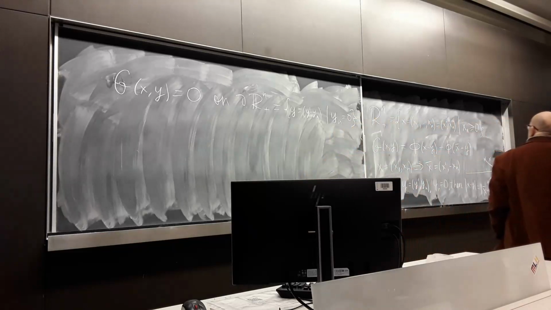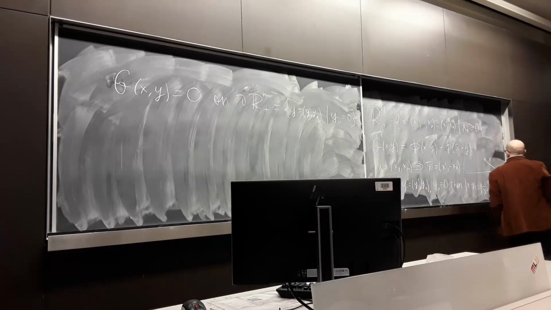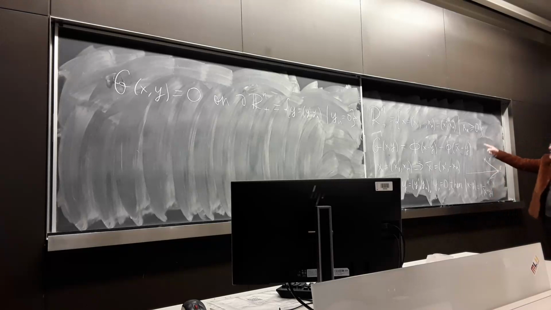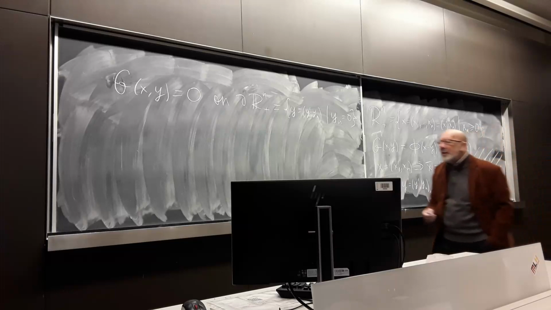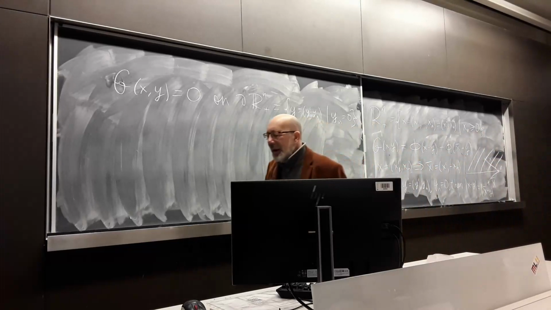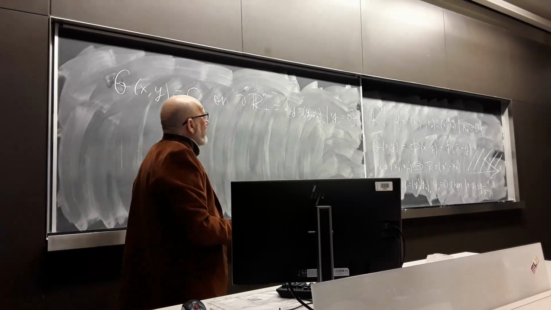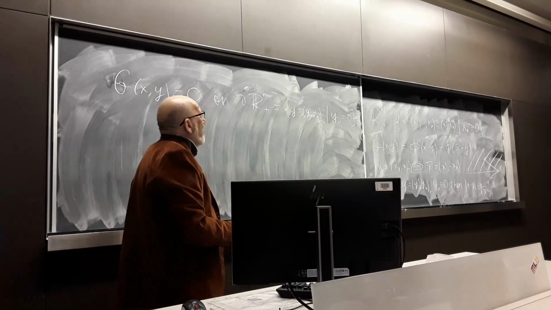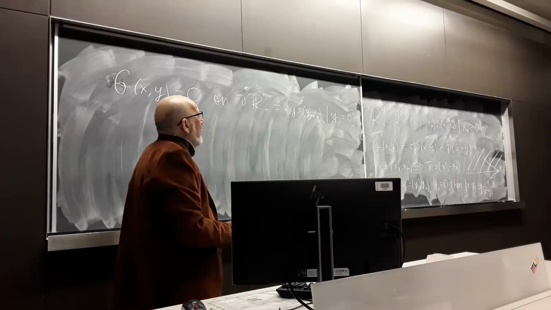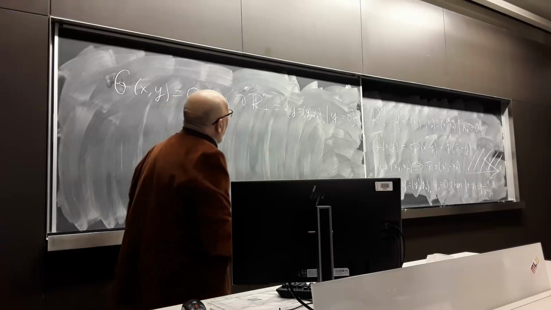So this way we constructed the Green's function on the boundary, and inside the upper half space. Having this explicit formula for the Green's function, we can find the Poisson kernel.